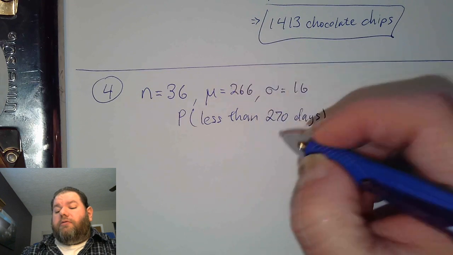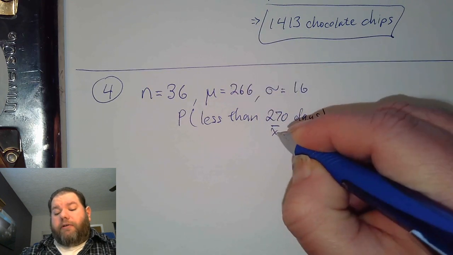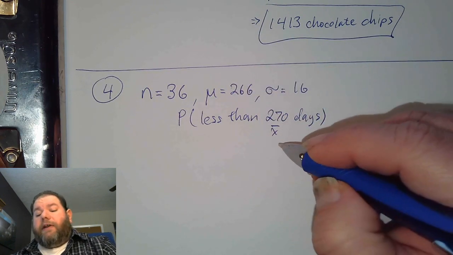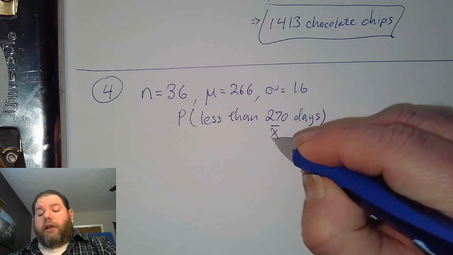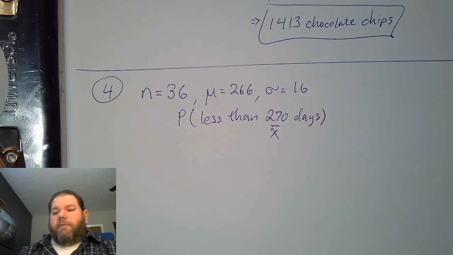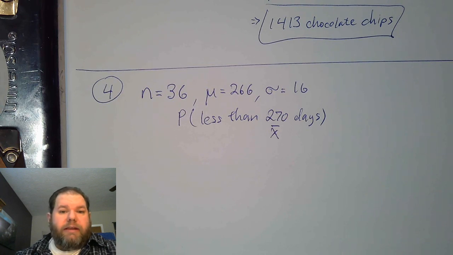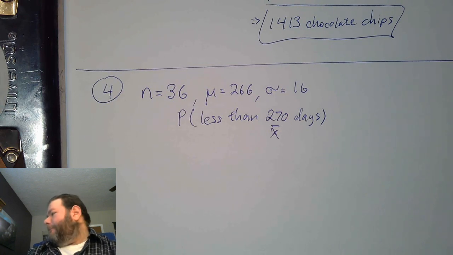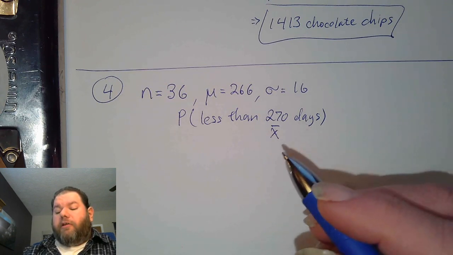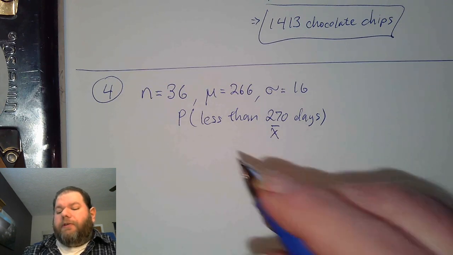Now, that's our x bar value. The reason we know this is x bar is the sample mean. Remember, the question says that the average length of pregnancy for the sample is less than 270. So the average is x bar, the mean, specifically for the sample.